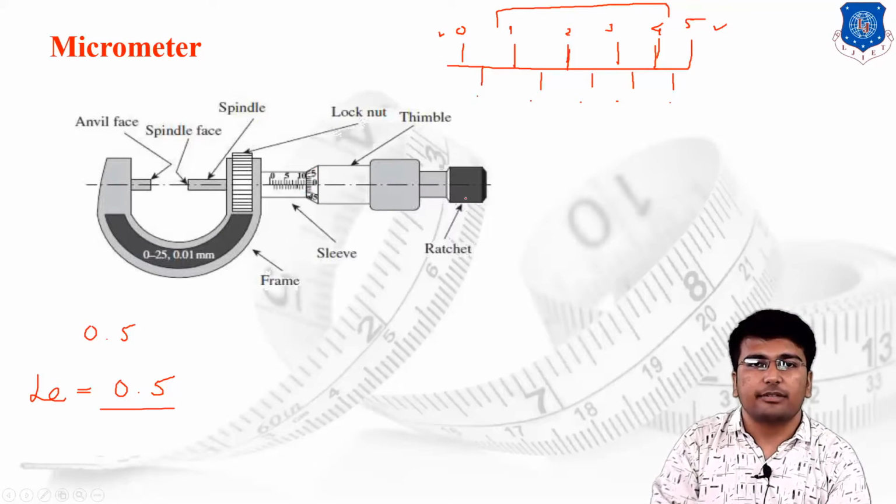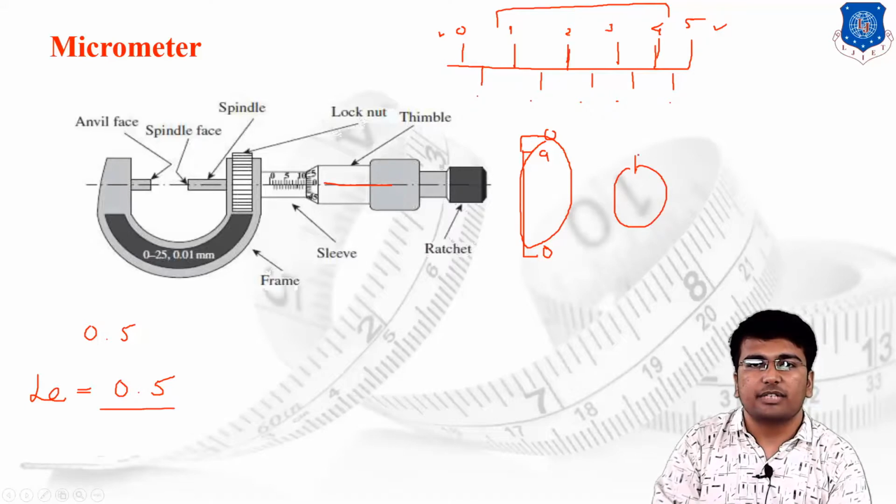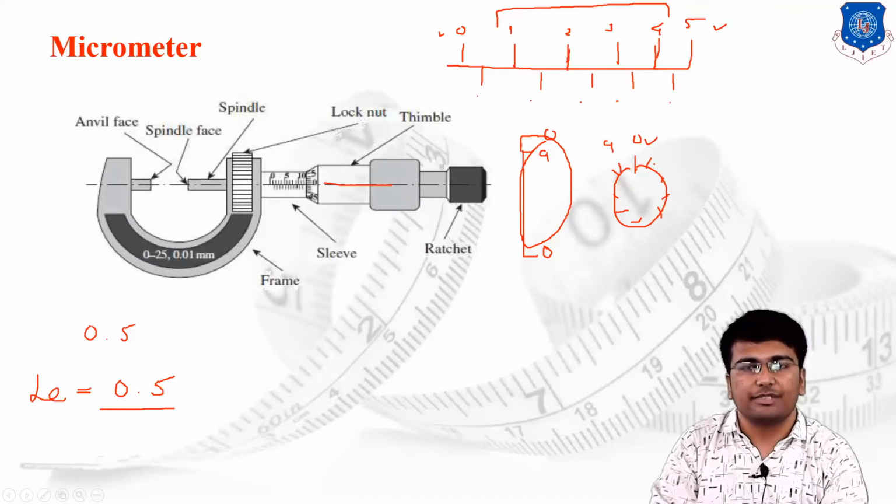The circulatory auxiliary scale, suppose I cut the auxiliary scale, then I can extend it. So the auxiliary scale is like this, start with the 0, ends with the 9 and further here 0 has been provided. Due to the circulatory motion I can say that the scale on the single side will start with 0, then 1, 2, 3, 4, 5, 6, 7, 8, 9 and on the completion of the circle you are supposed to find the 0 once again.